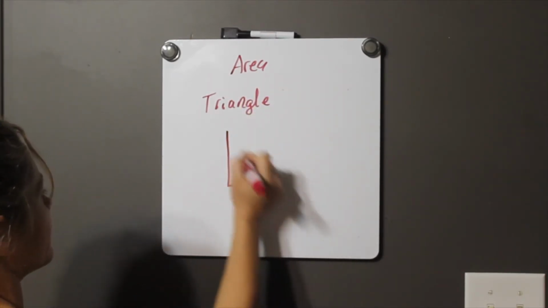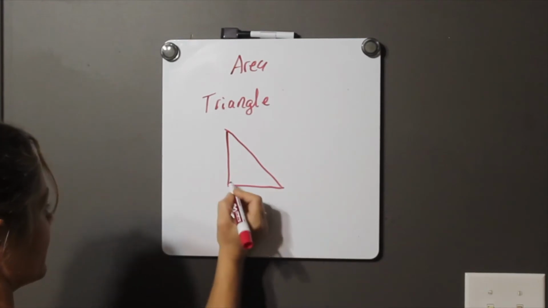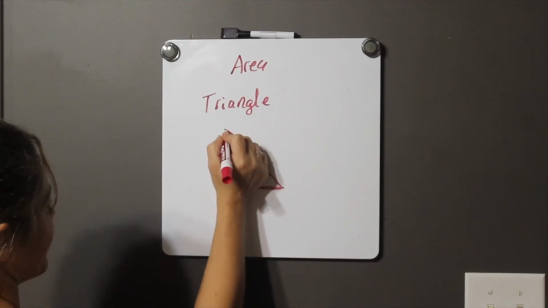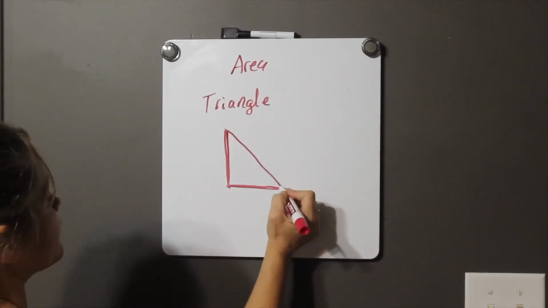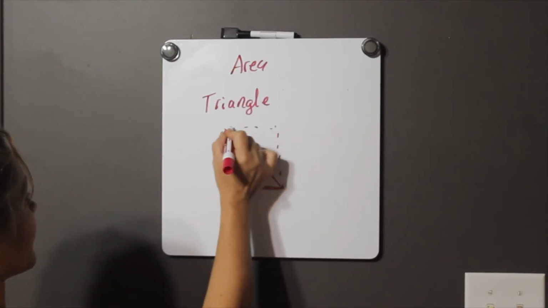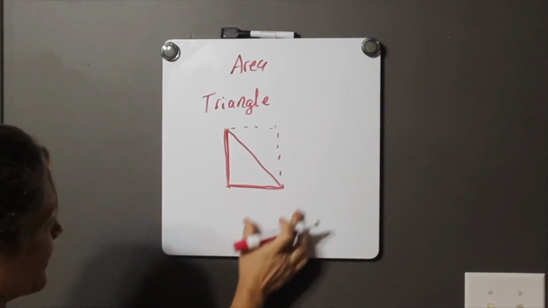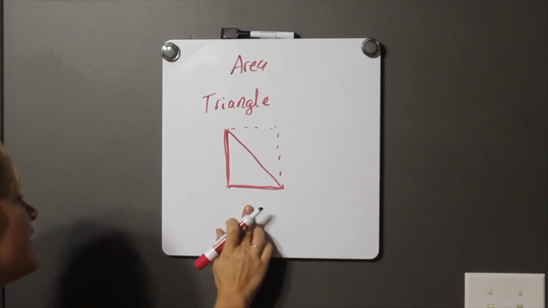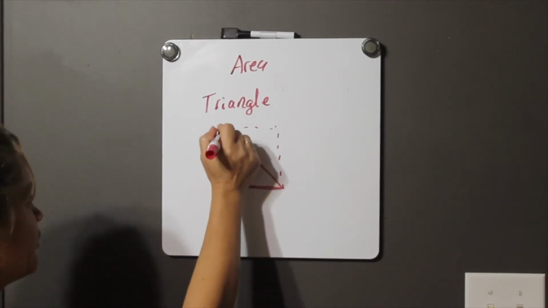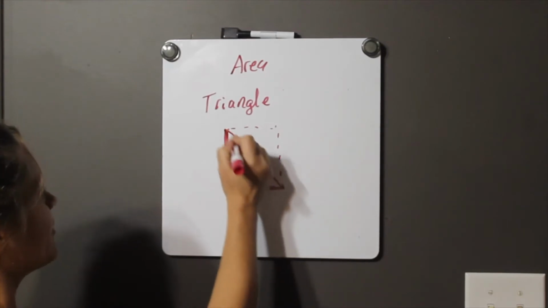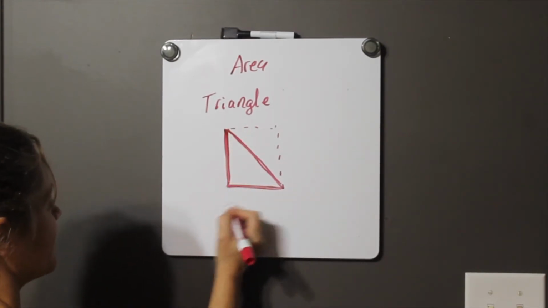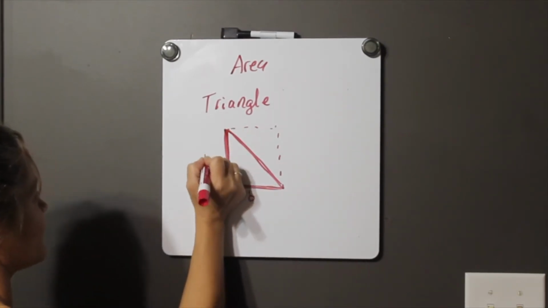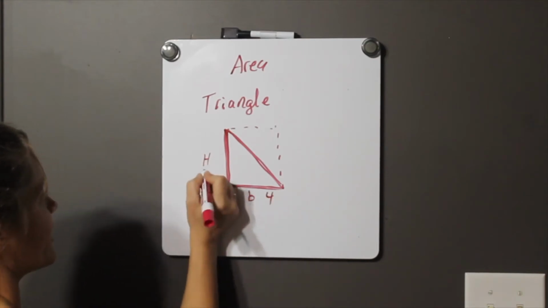Area of a triangle, you'll notice that a triangle has base times height. But a triangle would be the same thing as if you had 2 triangles put together, stacked on top of each other like that, you can make a rectangle. So we're going to use the same formula for a rectangle where we multiply one side times the other side, but then we only are counting half of it. So this is your base and this is your height. And let's say this is 4 and 6.